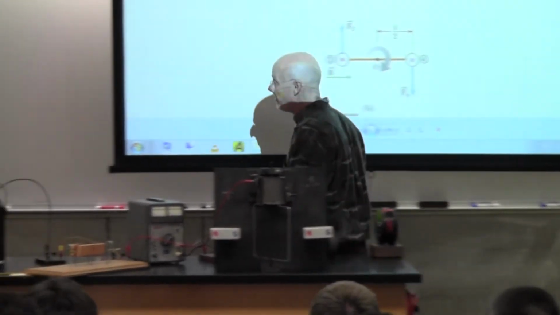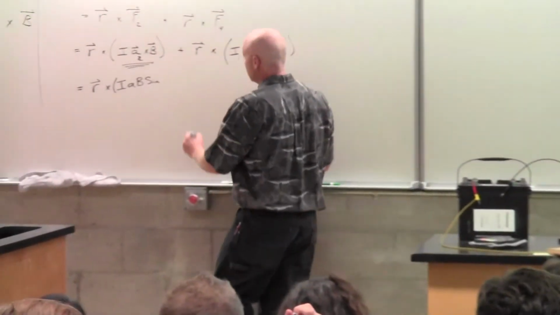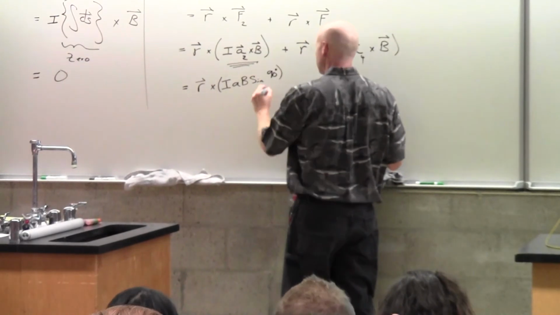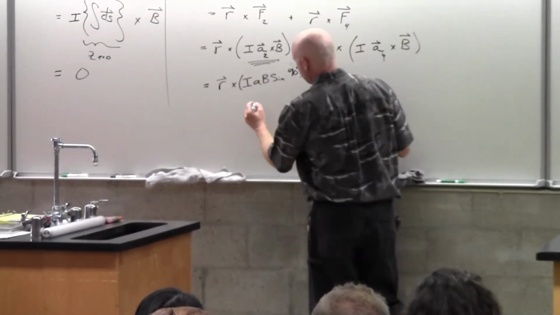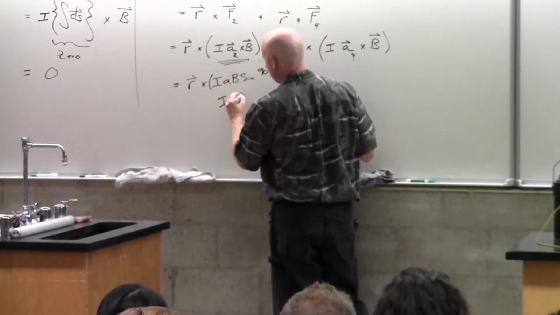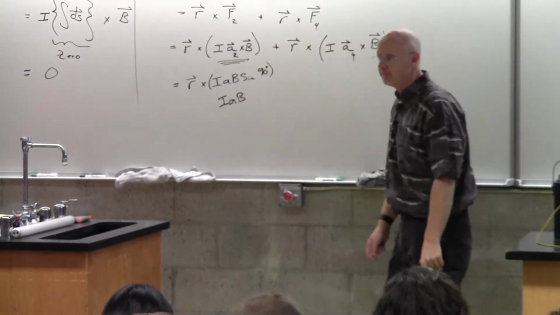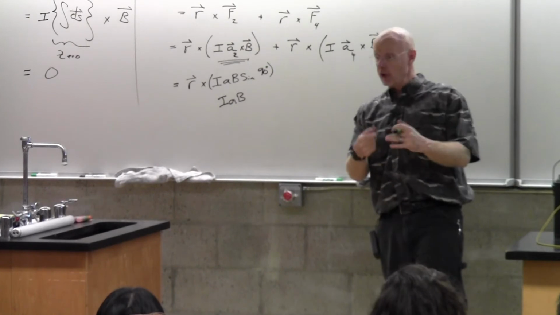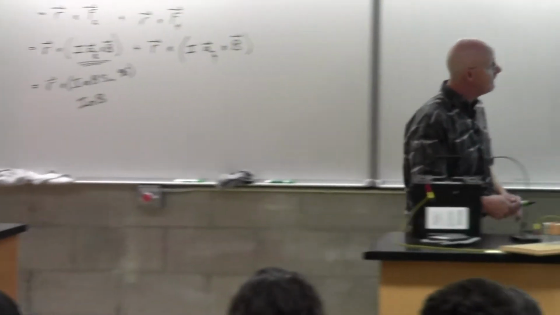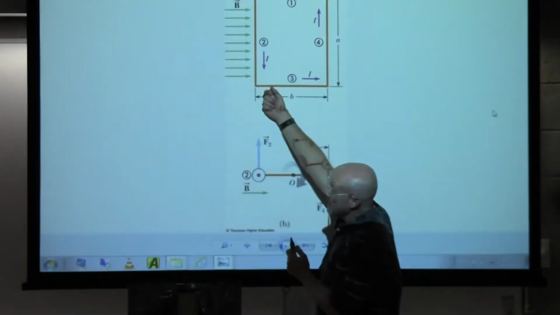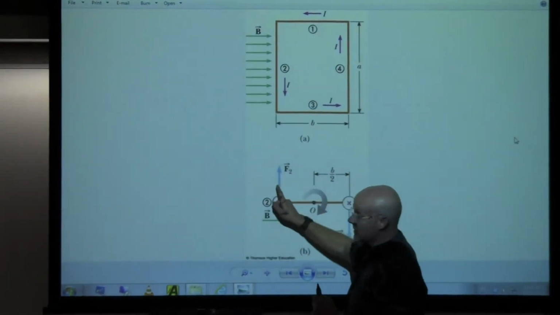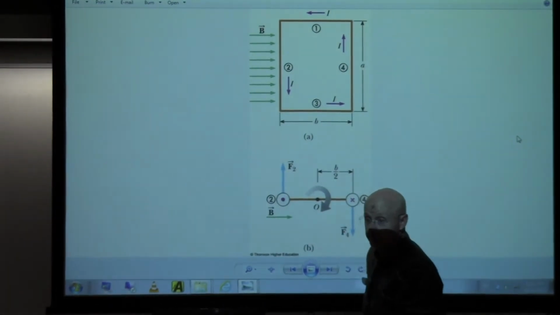Okay, so this comes out to be 90 degrees, which is really nice because that means I just get I, A, and B for its magnitude. Now, you already told me what direction it would be, and maybe we should go to this picture, but you said out of the board here, so down here it's kind of up. There's force number 2.